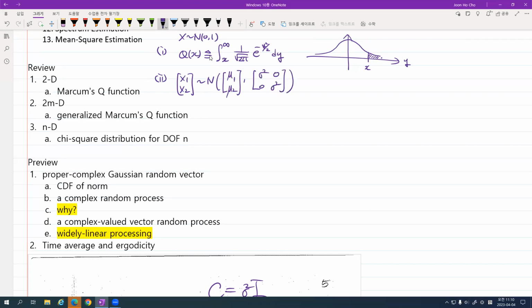So we assume that the Gaussian random variables x and y are independent and having the same variance, but the mean value can be different.